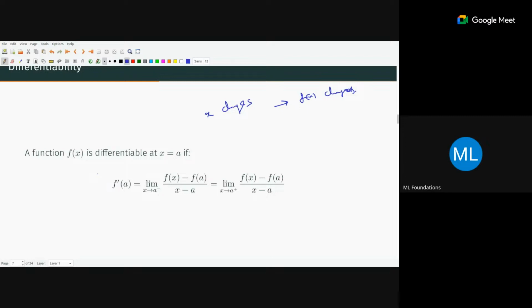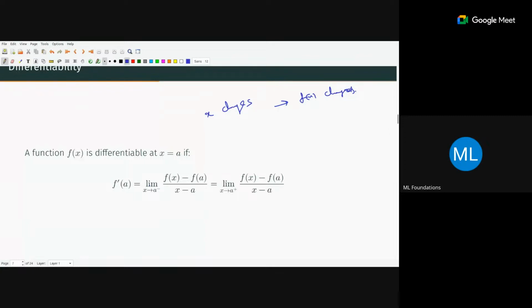Here we are not going to check the limit of the function. As x approaches a from the left hand side or the right hand side, we are no longer worried about the function values, rather we are worried about the rate of change of the function value with respect to the rate of change of x.